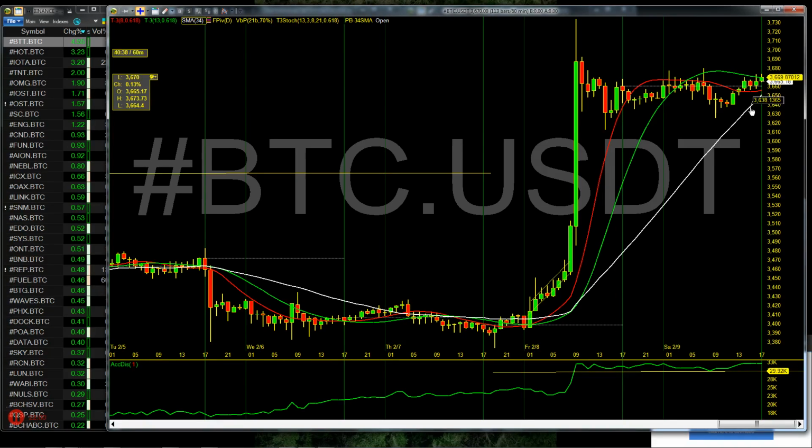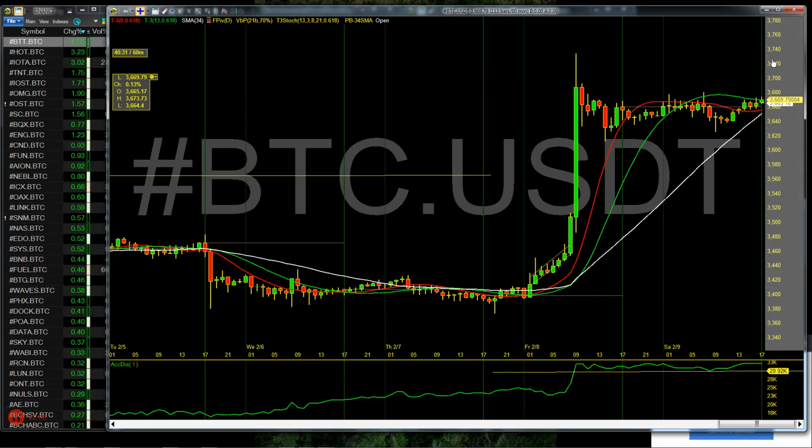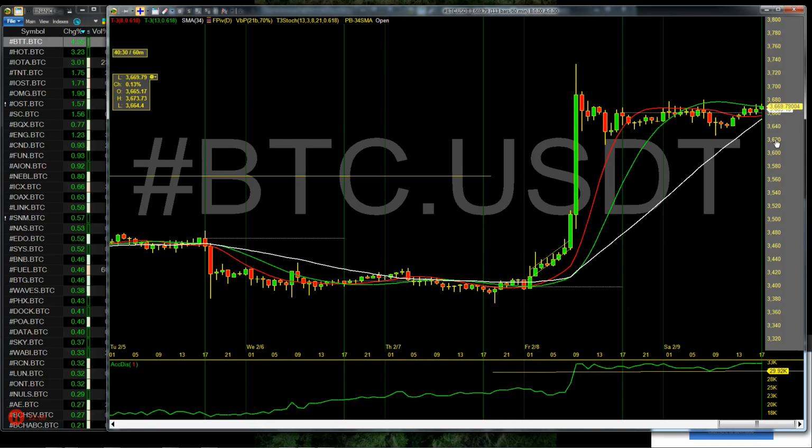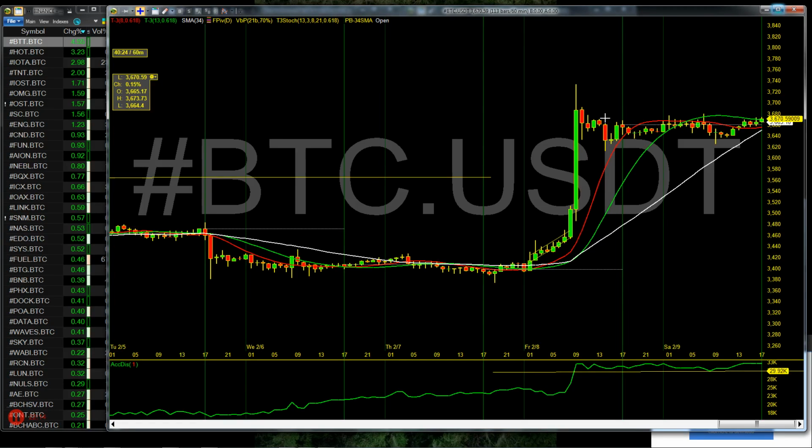You can see how the 8, the 13, and the 34 are all crunched up here. So price is going to have to make a decision up or down. Watch for a good swing down and then a whipsaw. That's always a good call. But watch for the previous high breaks. See if we can't get this thing running like the bulls.